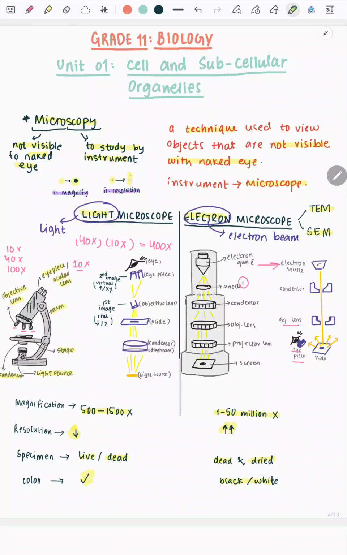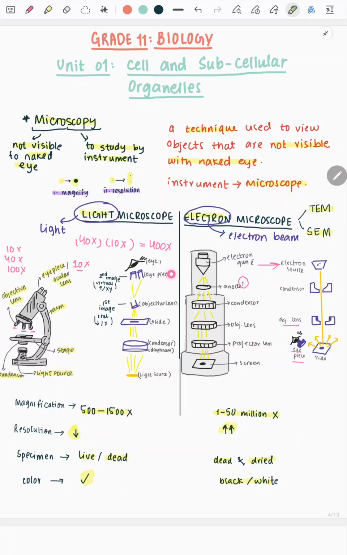To summarize, smaller objects are seen by a technique called microscopy. The instrument used is called a microscope. There are two types of microscope, the light microscope and the electron microscope. A light microscope uses a light source to visualize the object, whereas an electron microscope uses an electron source. Both have a condenser that narrows down the path of light or electrons.